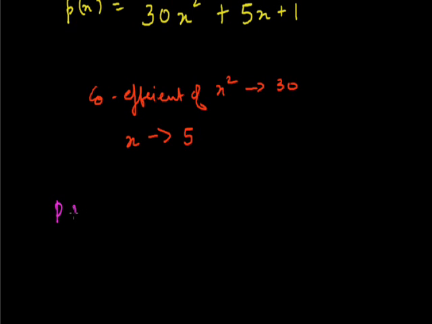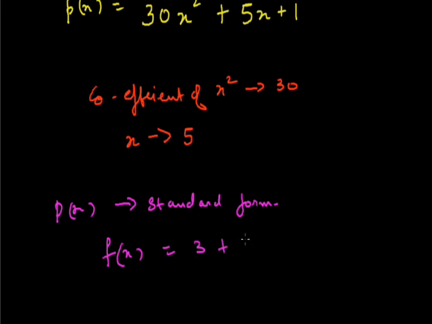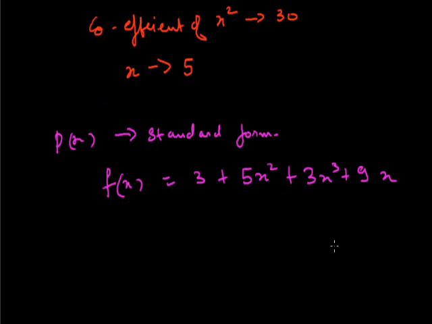A polynomial p(x) is said to be in its standard form if all its terms are written either in increasing order or decreasing order of the indices of x. For example, if we are given a polynomial f(x) equals 3 plus 5x square plus 3x cube plus 9x, then to write this polynomial in standard form, we will write it either in the decreasing order or the increasing order of the indices of x.